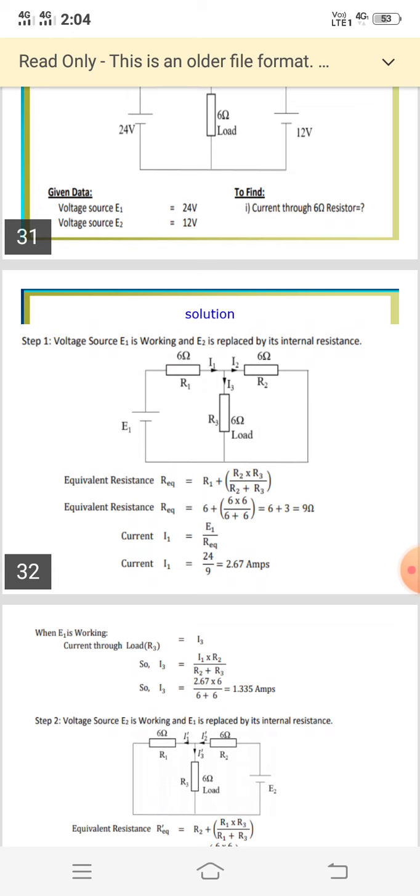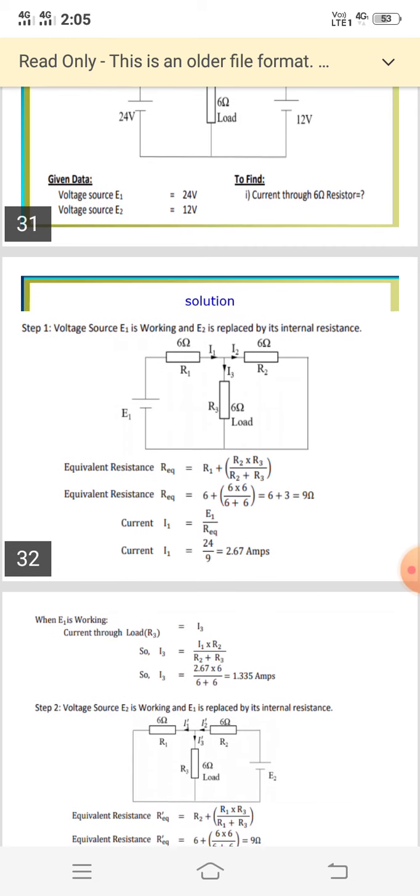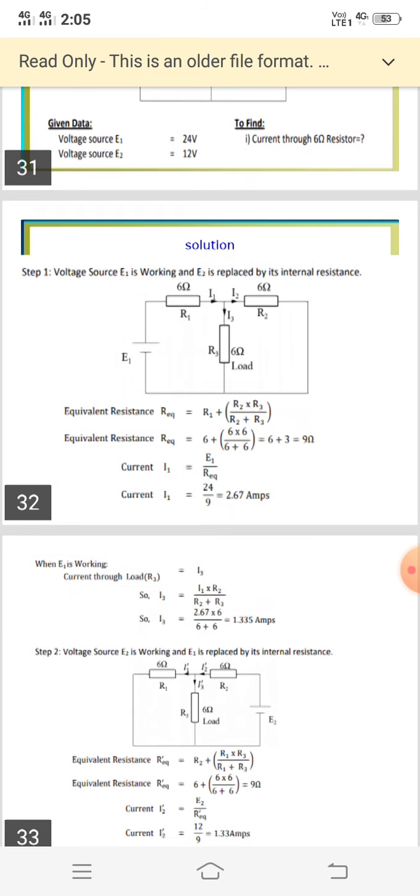Okay. So we know the current equation: I1 = E1 / R equivalent. We got R equivalent as 9 ohm, and E1 is given in the problem as 24 volt. Replacing both values, I1 = 24/9. We will get 2.67 amps.